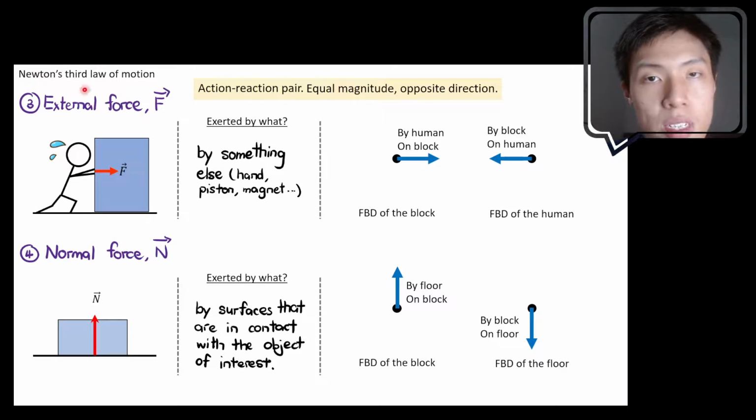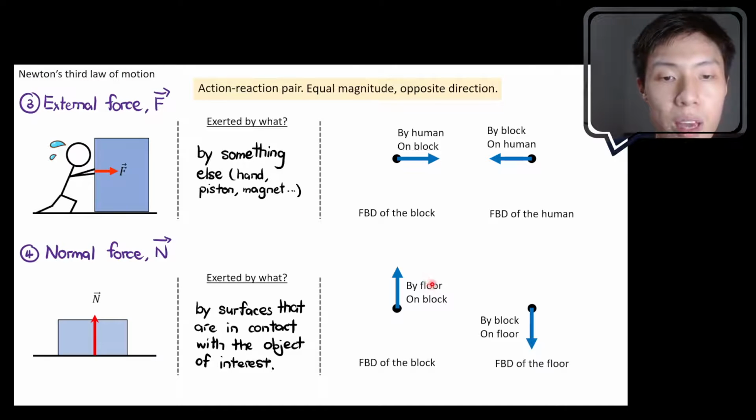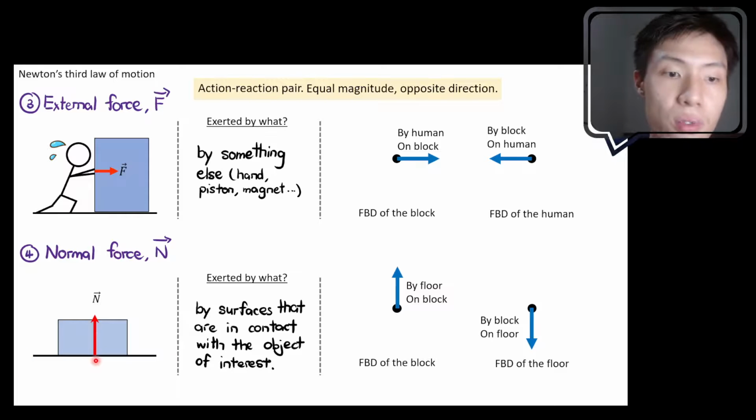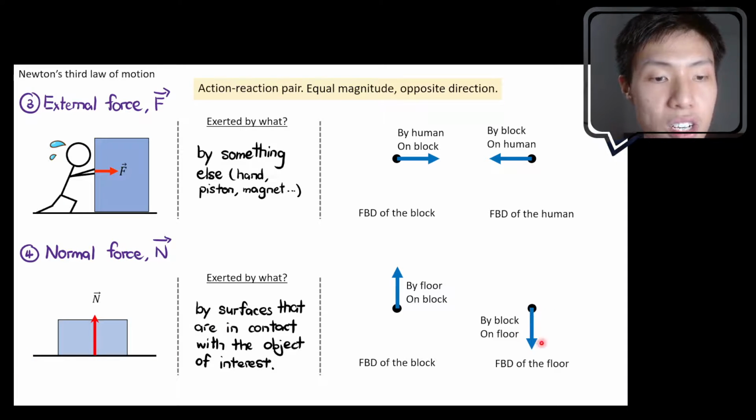If we know Newton's third law, we know that if we have a force by the floor on the block, then you should also have another reaction force by the block on the floor. So this block itself will also exert a force on the floor because of the action and reaction pair. And the direction of this force should be opposite to the direction of the normal force mentioned just now. So we should expect a normal force exerted by the block on the floor pointing downwards.